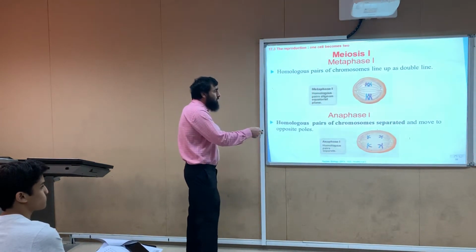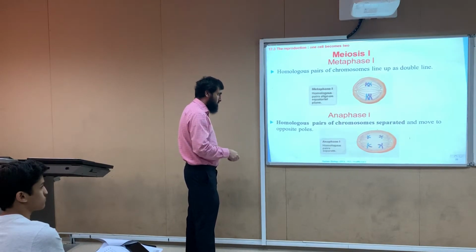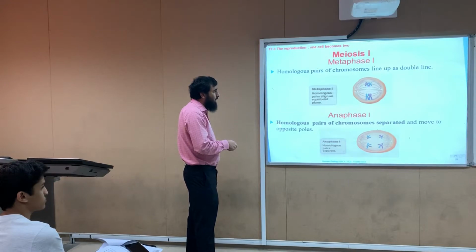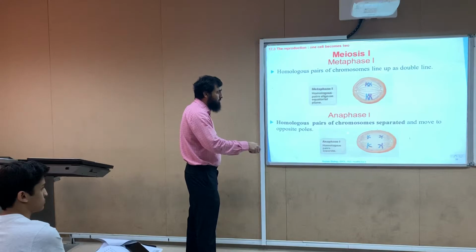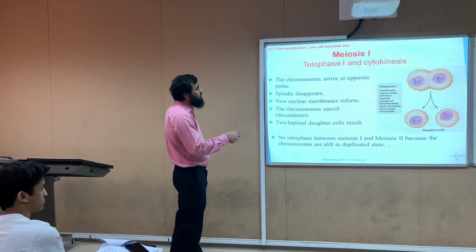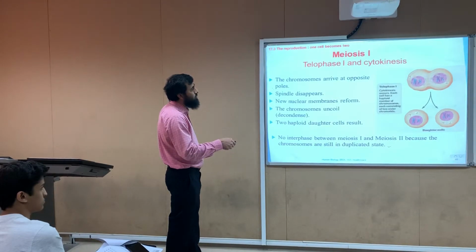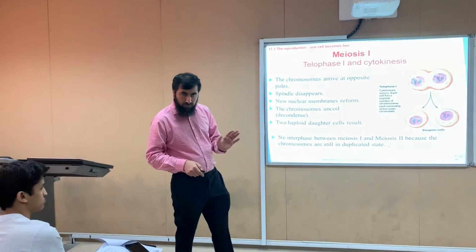So, in meiosis 1, the homologous pairs line up and separate. As in mitosis, in anaphase 1, the homologous pairs are pulled towards each pole, separating the homologous pairs. Then you get telophase 1 and cytokinesis, the reverse of prophase, remember?